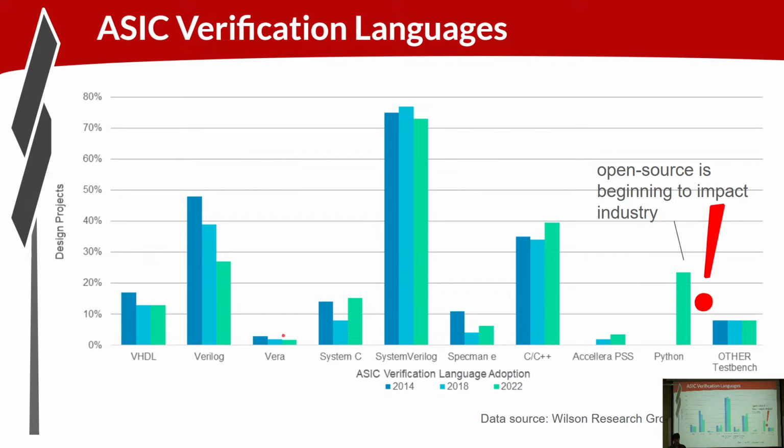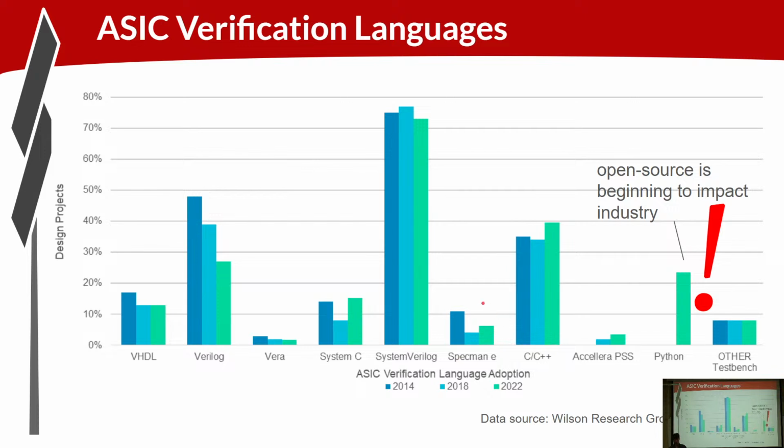Vera is a language that, you can see, didn't get huge traction for doing verification. Some of my former colleagues were off in that world a bit. SystemC is C-based modeling of high-level behavior, and you can use that for verification.